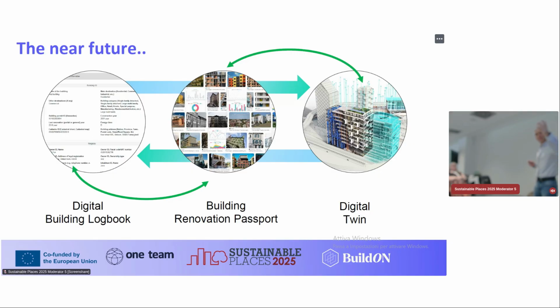And in the middle, there's also the renovation passport. That is the next part of the logbook. If we have the data and we want a renovation, we can just put a plan inside the passport, using the data in the logbook. And these are the developments at this moment.